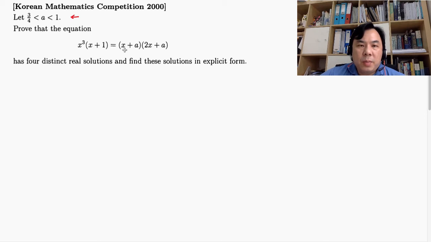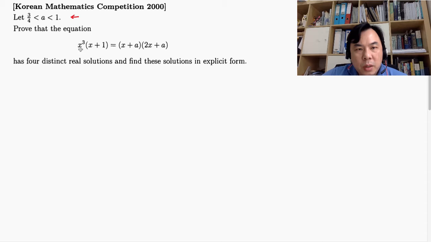If you try to expand this, you will end up with a quartic equation, which is pretty tough to go around. So one way to do it is my way, which I call relaxing and then moving forward.